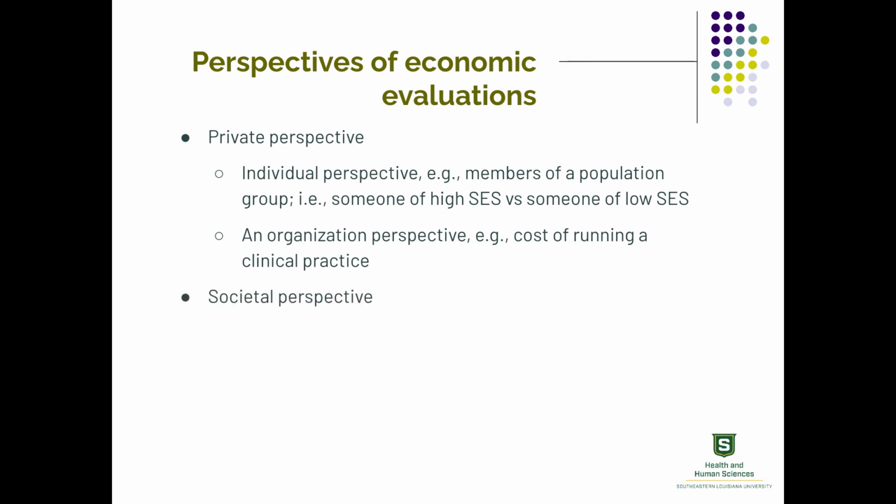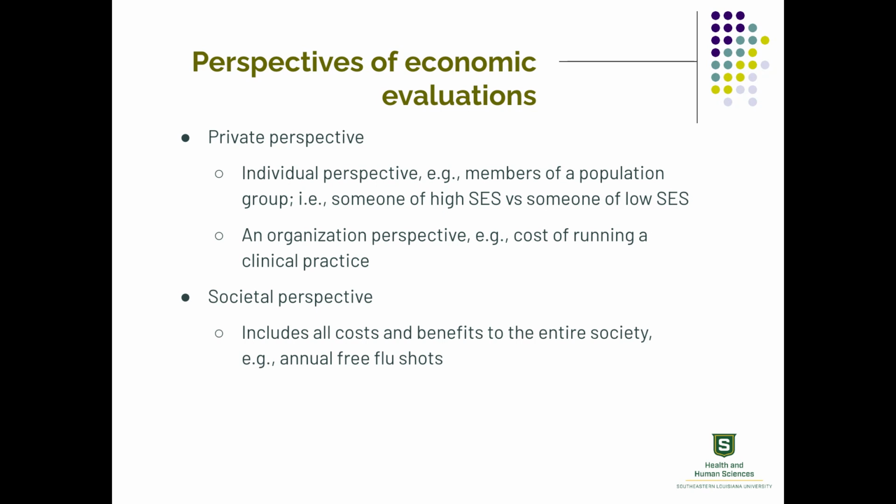We can also look at it from a societal perspective. When we're doing that, we're looking at all the costs associated with carrying out this intervention for everybody in society, or even a subset of society, and what benefit will come from it, in terms of societal benefit.